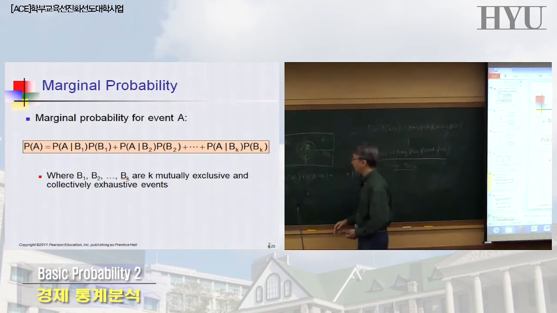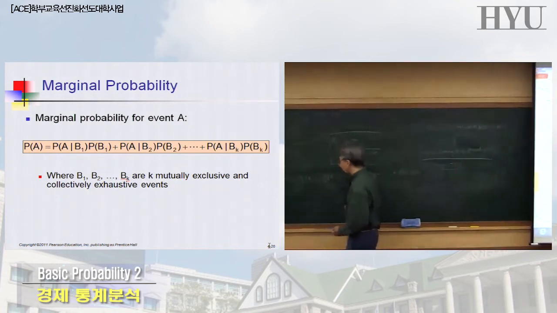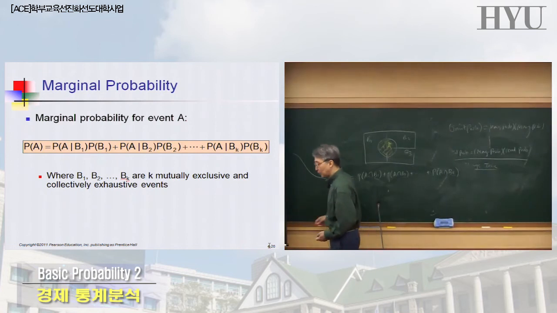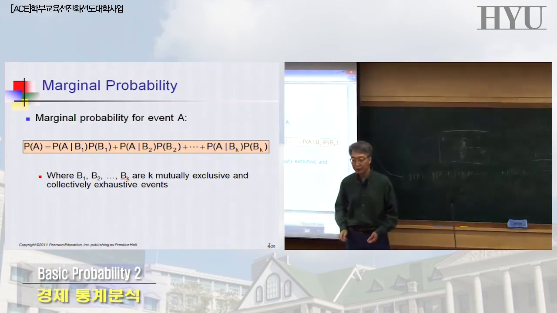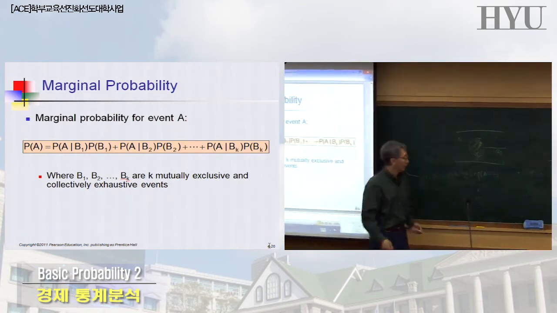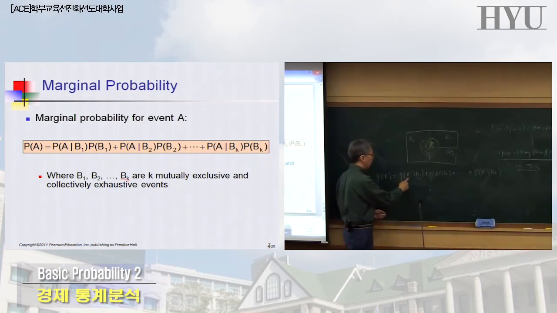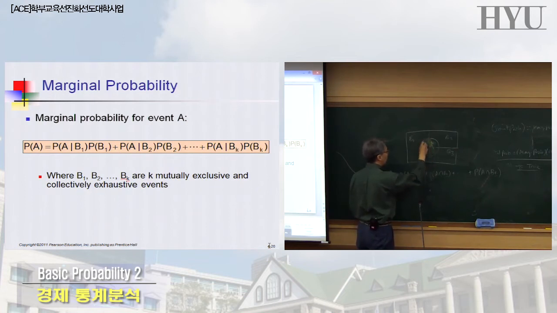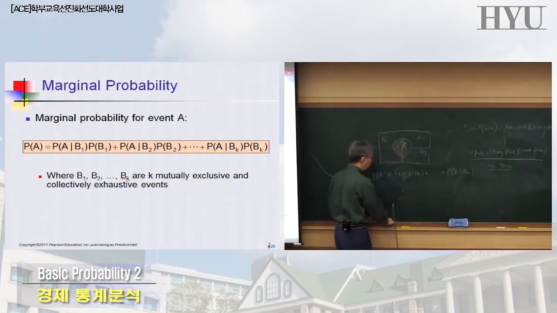And if you think about this illustration diagram, it's a very obvious statement. What's the intersection between A and B1? It's right here. How about the intersection between A and B2? That's right here.